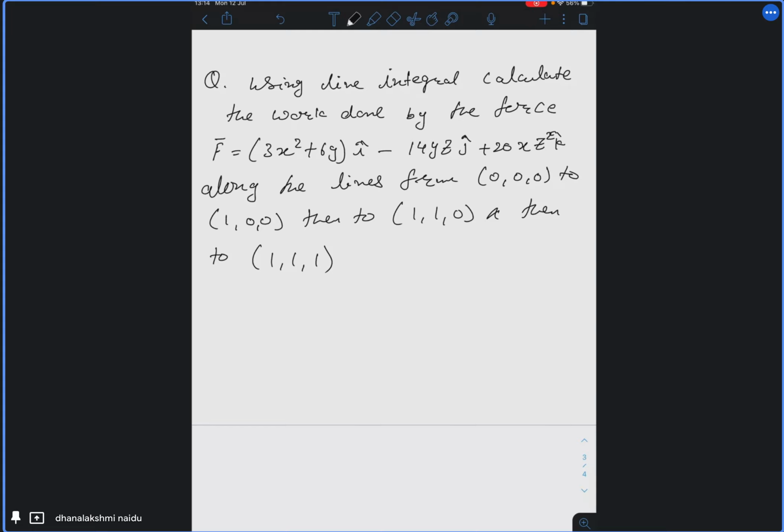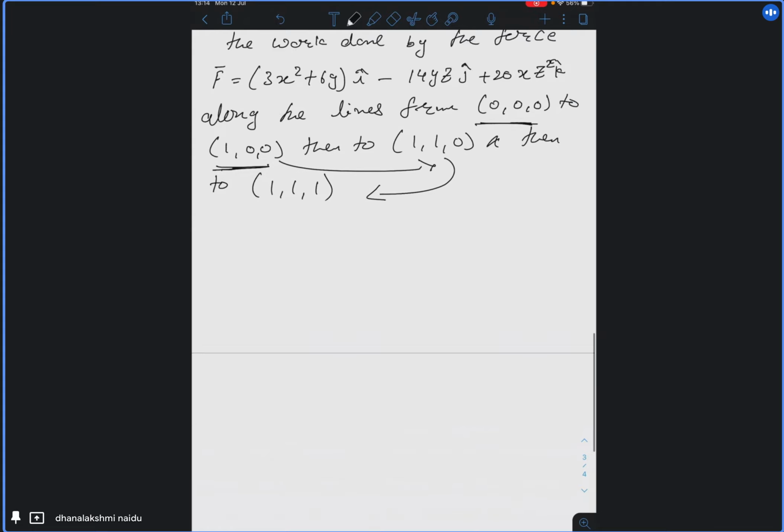The curve is not mentioned directly, but it is along the lines from 0, 0, 0 to 1, 0, 0, then from this point to this one, and then from here to here. In this way it is given. So let us solve it.